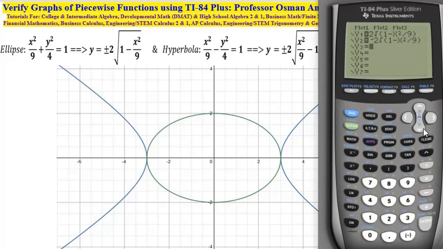Then for the hyperbola, the right side of the hyperbola is 2 square root of x squared over 9 minus 1, and the left side of the hyperbola is minus 2 square root of x squared over 9 minus 1.